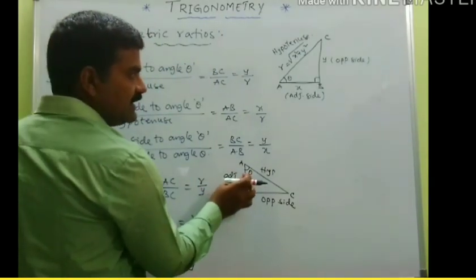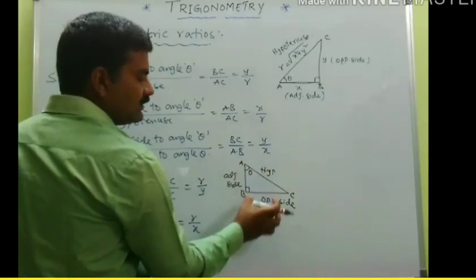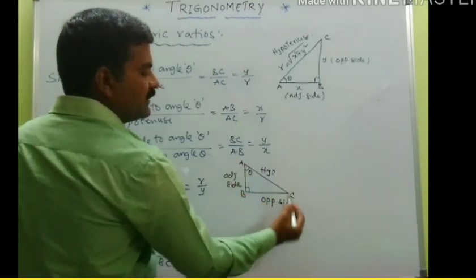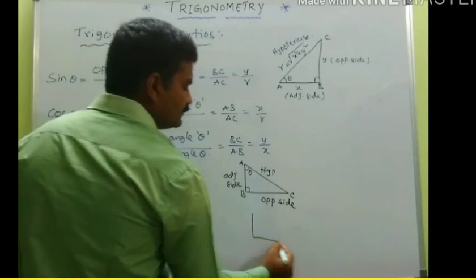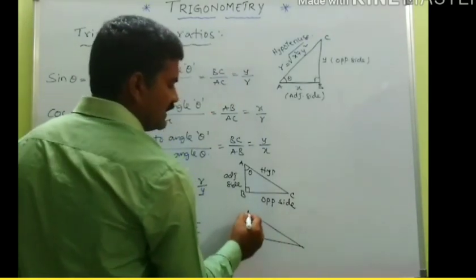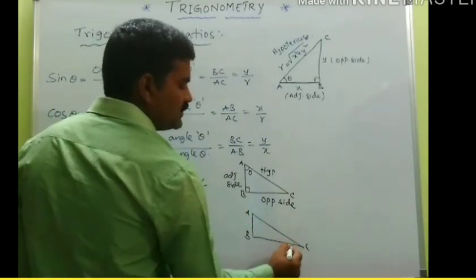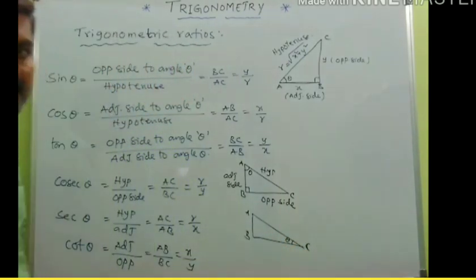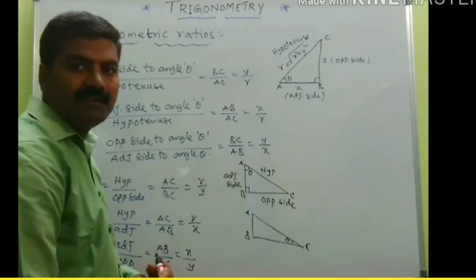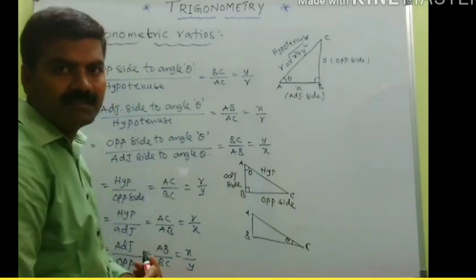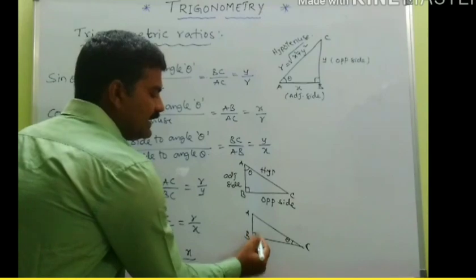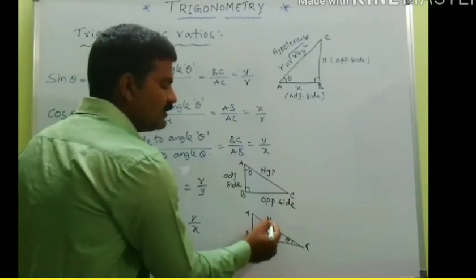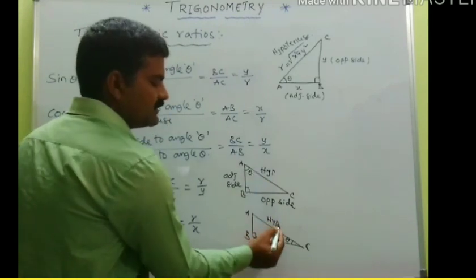For example, see the same triangle ABC, but the position of theta is at C. Can you guess what the opposite side to theta and the adjacent side to theta are? Since the angle at B is 90 degrees, the side opposite to the right angle is always the hypotenuse.